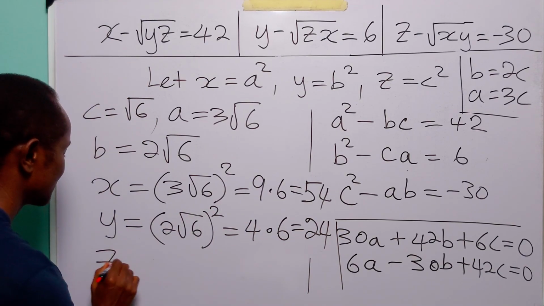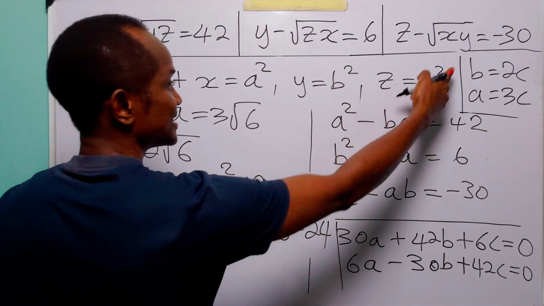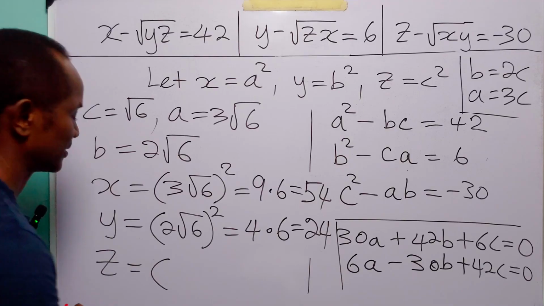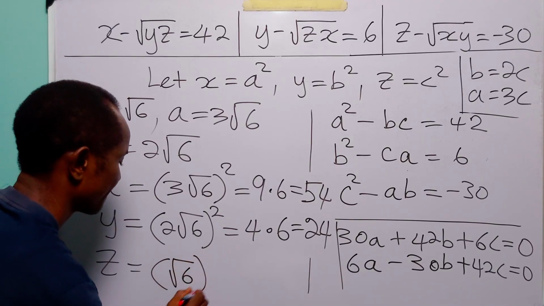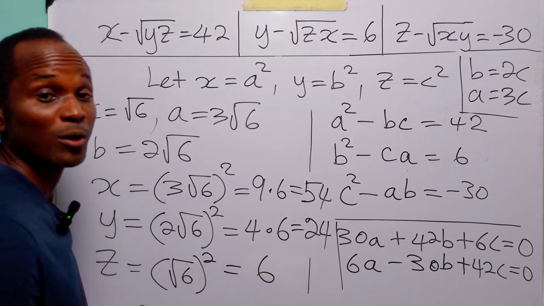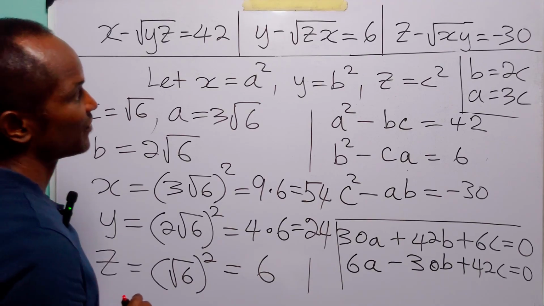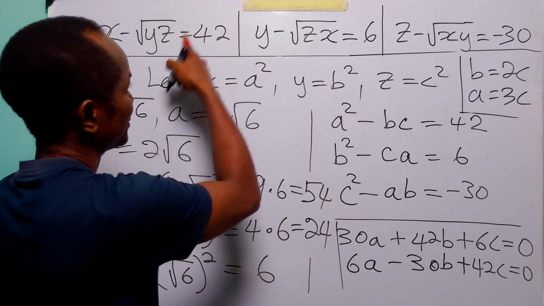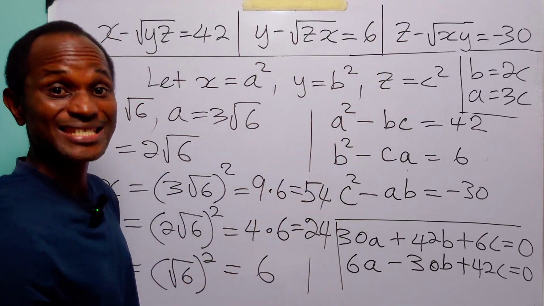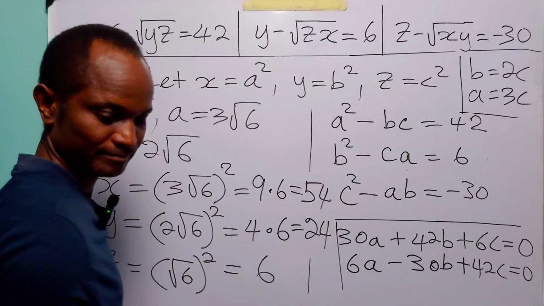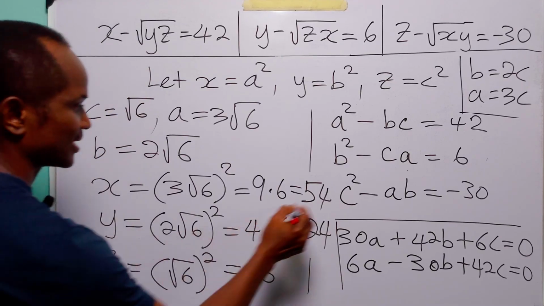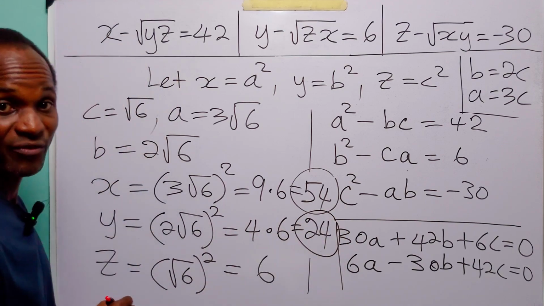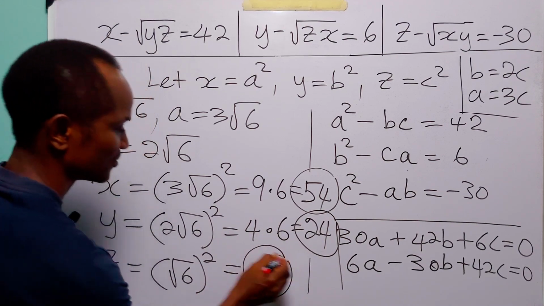And lastly, Z is equal to C squared, that is root 6 squared, which of course is equal to 6. So we have found that the positive values of x, y, and z that satisfy these three equations simultaneously are x equal to 54, y equal to 24, and z equal to 6.